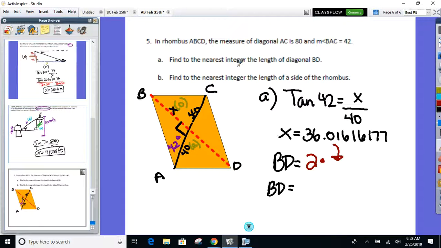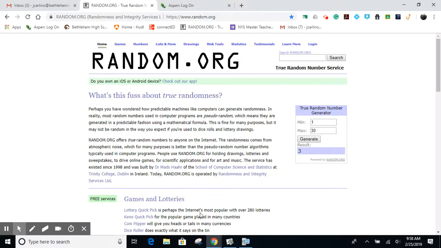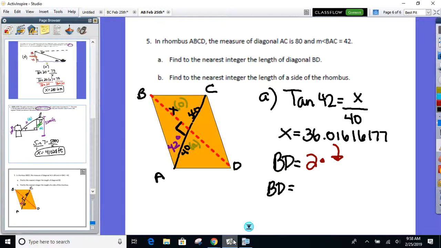And I said nearest integer, so whole number. 72 for the diagonal. We're good there.